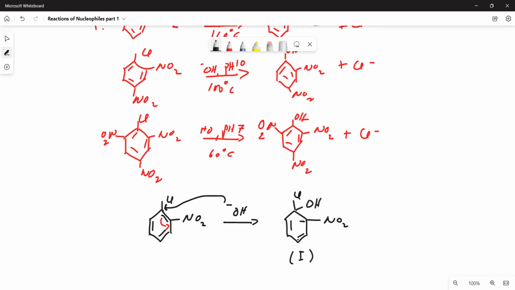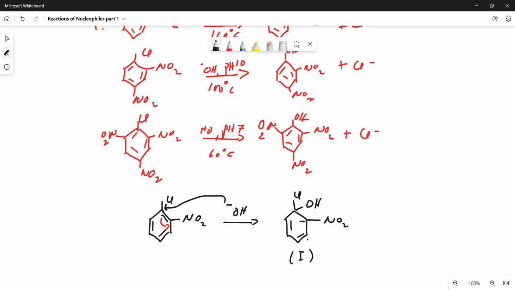No? So that's why here, since the nitro are located at the ortho and para positions, indicates that the intermediate, which is a carbanion, will be highly stabilized, okay, compared to the meta position.